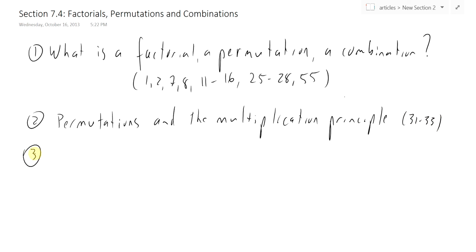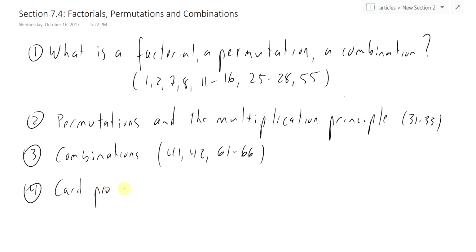And then 3 is about combinations. That's the third part of this video, and we'll deal with 41, 42, 61 through 66. And 4, card problems. Cards are a classic example of permutations and combinations, and in fact, gambling is really where this whole science of probability got started.